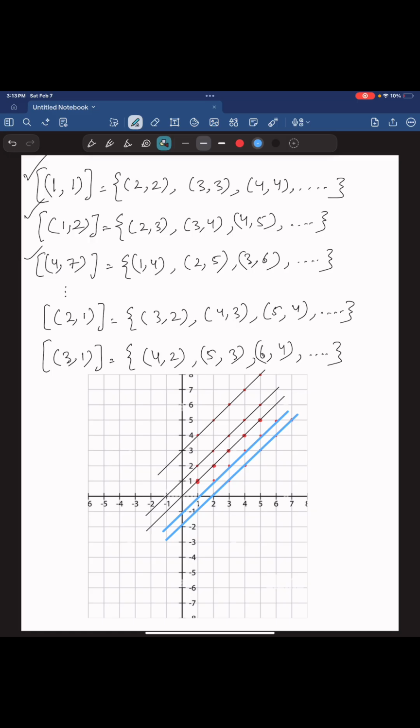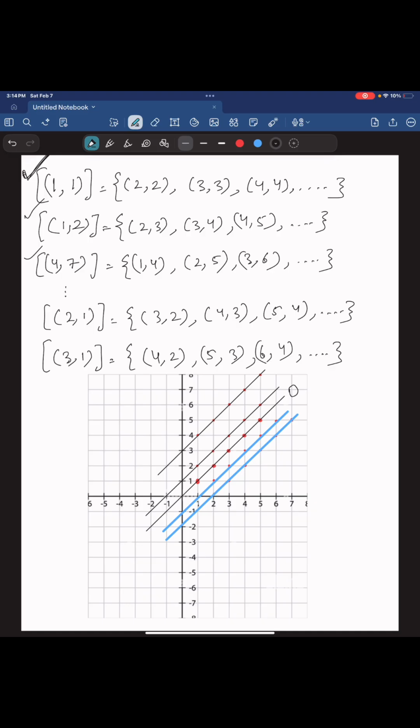Now when we observe these lines, what do we see here? We see a pattern here. We see that the equivalence class of 1 1, the very first equivalence class, when we join all the points, passes through the center of the Cartesian plane, and I can easily say that this entire line represents 0. It passes through 0.